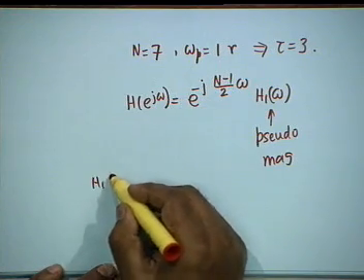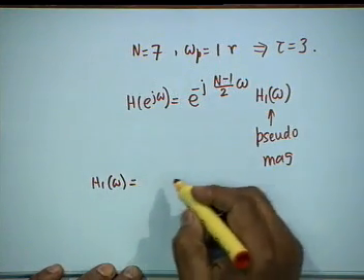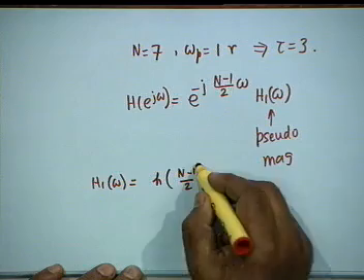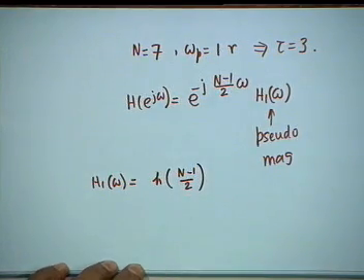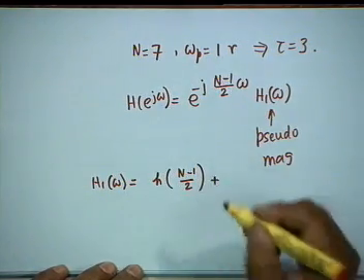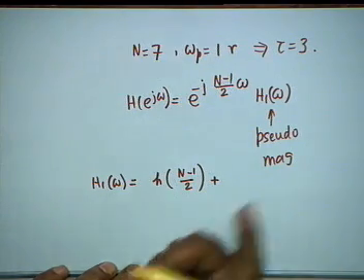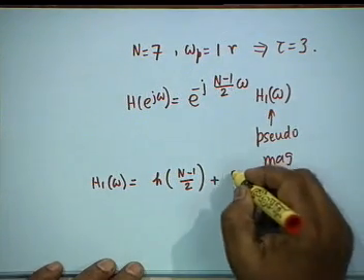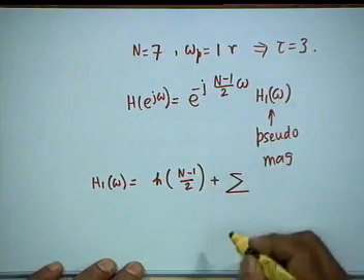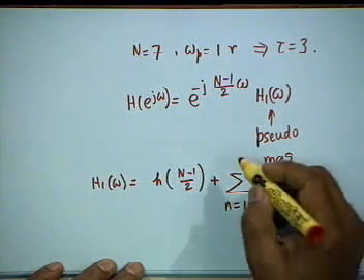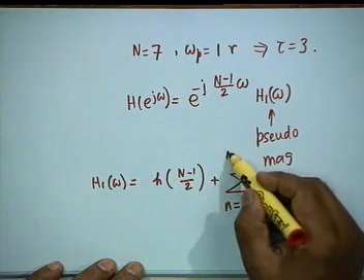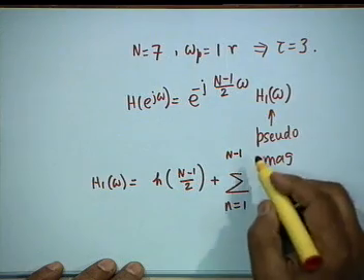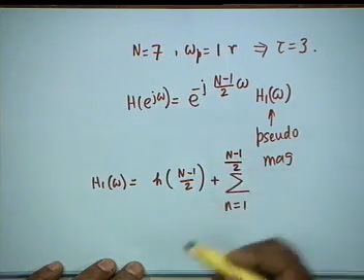and H1 of omega is given by h of (N minus 1) by 2, the lone term, okay, plus other terms which match each other to produce a cosine series, and this is summation n equal to 1 to (capital N minus 1) divided by 2. Is that right?